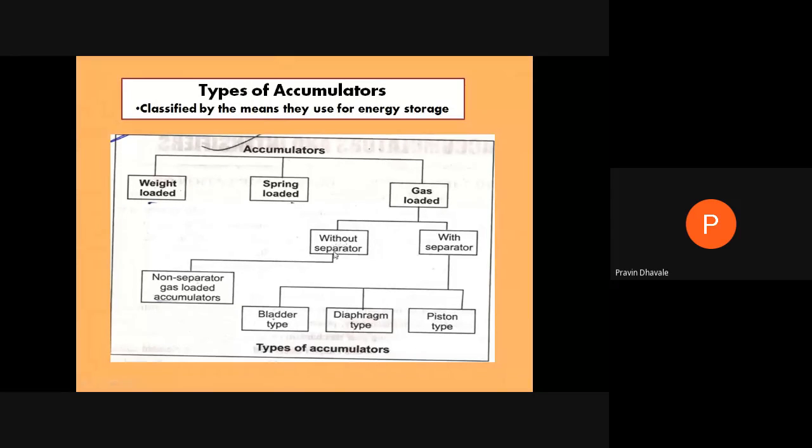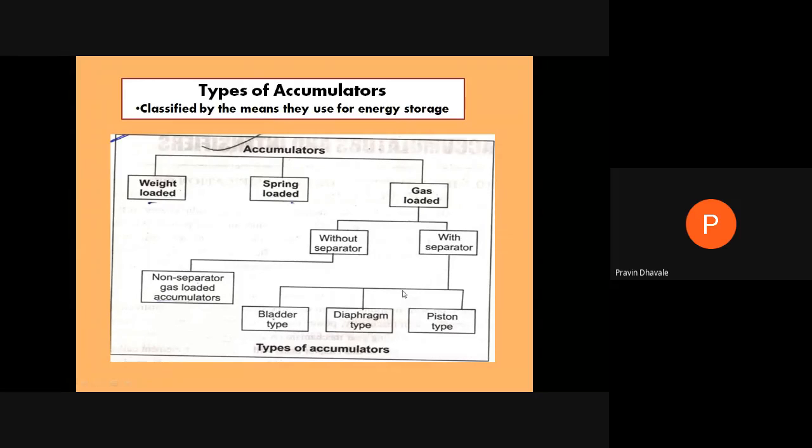So it is classified as a non-separator gas loaded accumulator, where there is no membrane between the gas and the pressurized fluid.